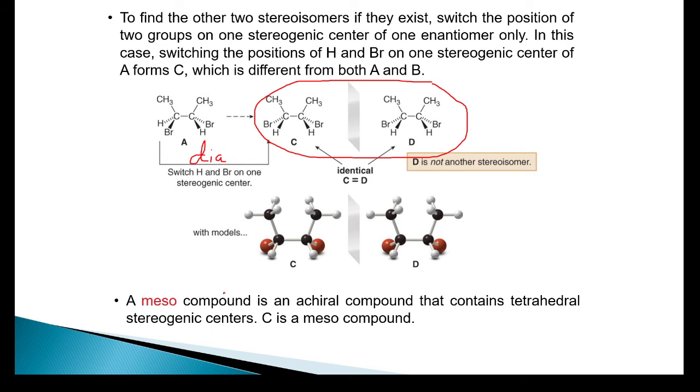If the compound has a stereogenic center, but the mirror image makes it achiral, we call it a meso compound. So a meso compound is an achiral compound that contains a stereogenic center when it should be chiral, but the mirror image ends up being superimposable, so therefore it's achiral. Okay.